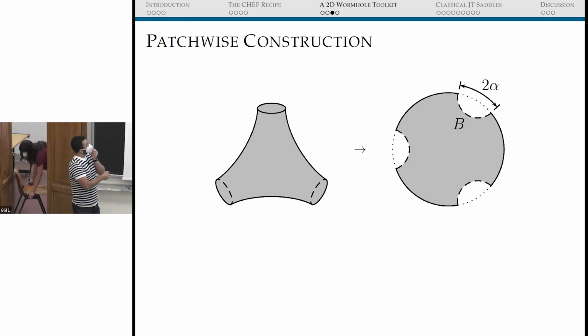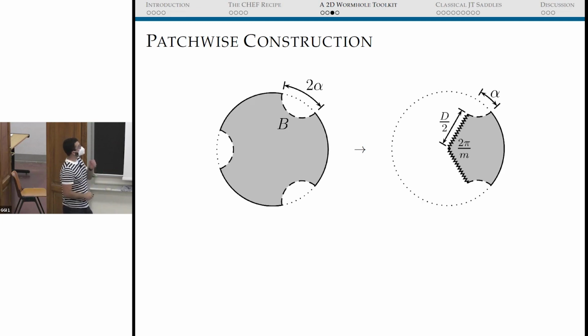The boundaries become these portions of the boundary. The geodesics connecting the boundaries become these geodesics, which are circles in the Poincare disk. B is for bite. It's like a bite of the disk. And 2 alpha parameterizes the size of this bite, which corresponds to the size of the throats in the wormhole.